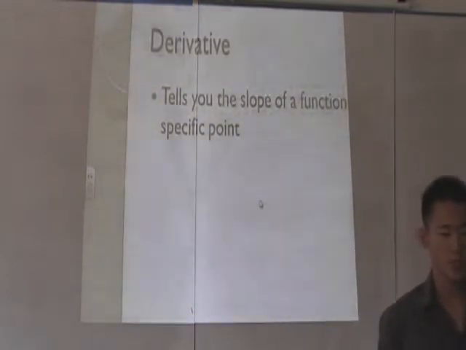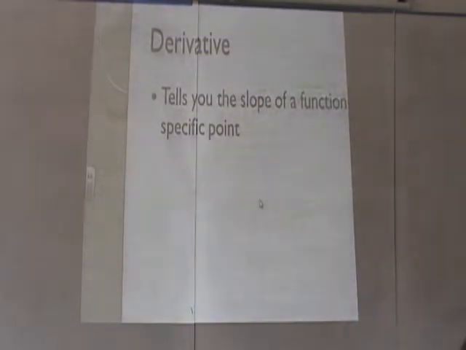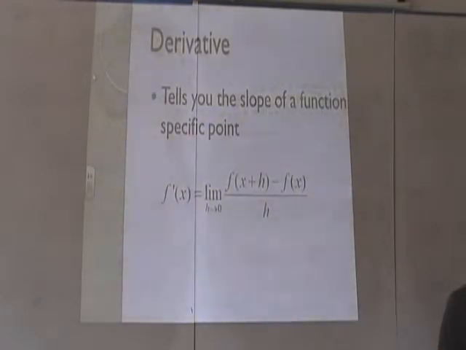So the derivative tells you what the slope of a function is at a specific point. That is the formula, kind of, to find your derivative. And if you look at it, it should look pretty familiar. Is there supposed to be an apostrophe thingy?